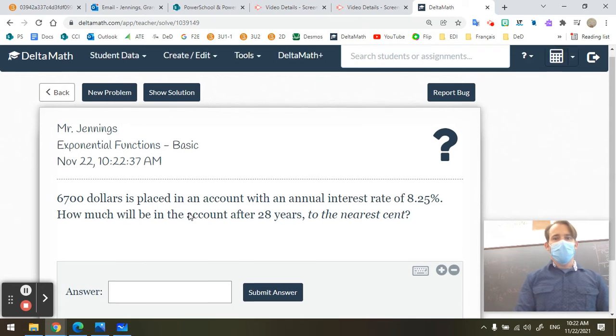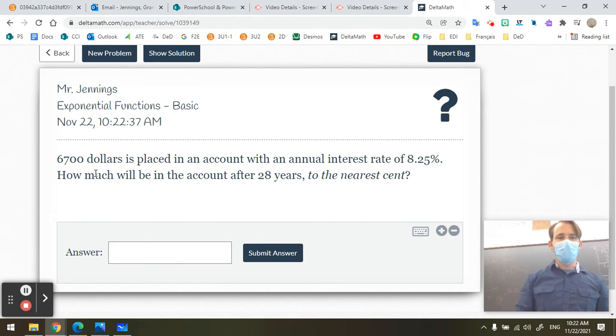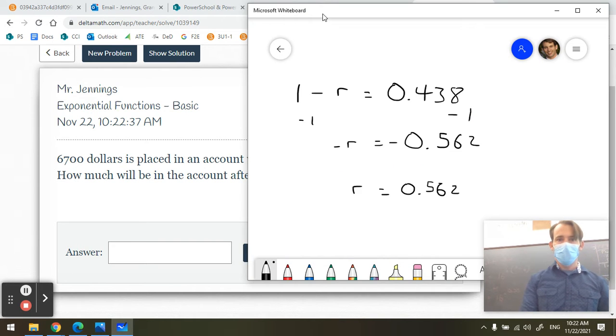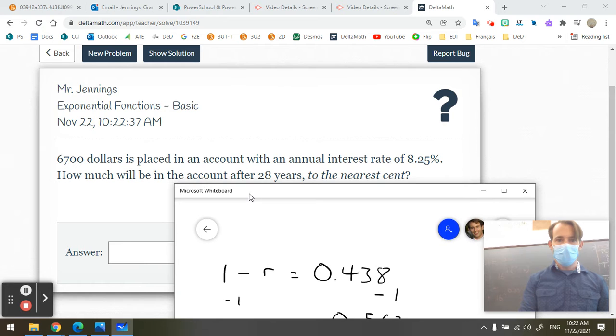If we look at basic exponential functions, $6,700 placed in an account with an annual interest rate of 8.25%. How much will it be in the account after 28 years to the nearest cent? I don't know who needs it to the nearest cent after 28 years, but let's do that. To set these up, we're going to copy down the equation.